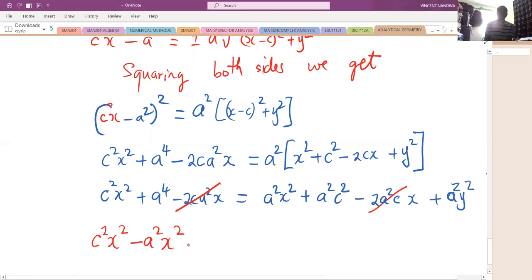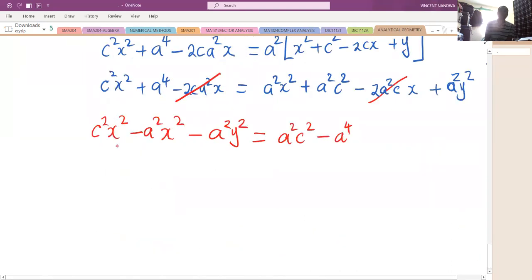Bring this one, we'll have minus a squared y squared, equals, now we have a squared c squared. Take this one to the right hand side, it will be negative a to the power 4. The common factor here is x squared, so you can say (c squared minus a squared) x squared minus a squared y squared equals, common here is a squared, so a squared into (c squared minus a squared).